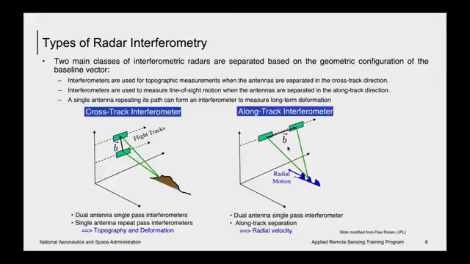There's also a type of interferometry called along-track interferometry, where, as the satellite is moving over, we take a radar image at one time, and then maybe a second later, look at the same scene from a different place along track and take the difference of that, and that can actually measure the motion of the ground surface, especially the waves of the ocean.